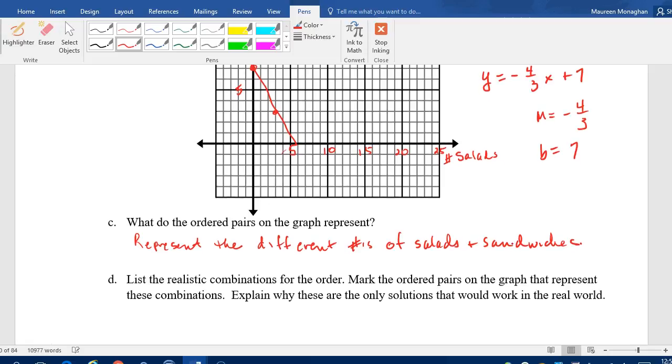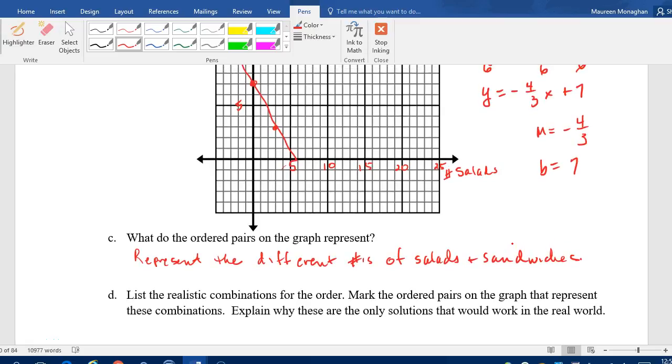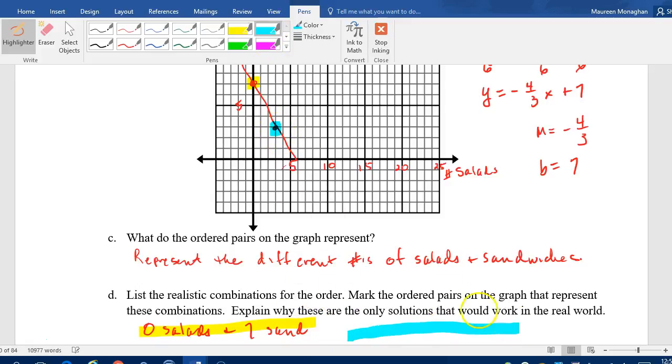Okay, here's our choice. You could get 0 salads and 7 sandwiches. That's one option. Okay, you see that here? That's this. So that represents that. Another option would be here. And that option is, let's see, what's that mean?